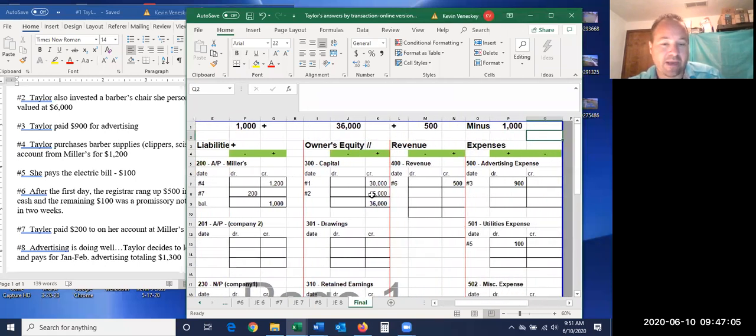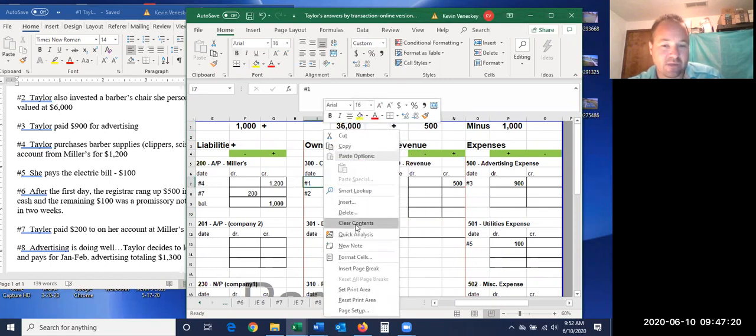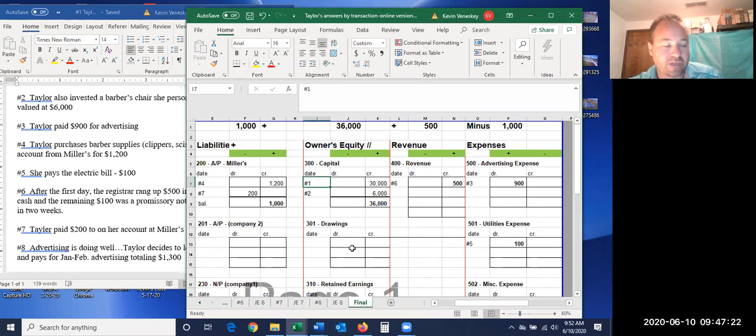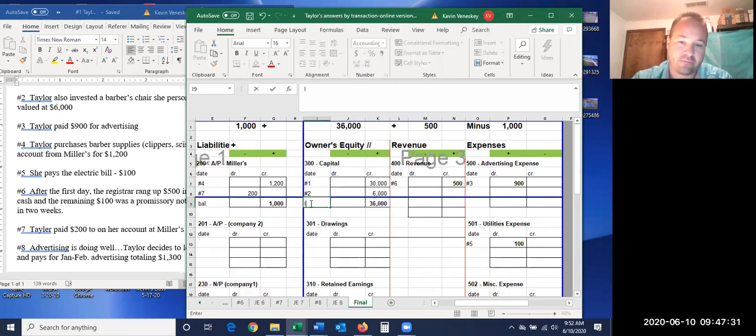It's also easy to add up my capital. My capital was the only owner's equity account that I had. All I did is sum up the two amounts here, 36,000, and simply put that up here because that's the only account that I have in the owner's equity. Revenue, I didn't even need to total this one. Also over here, make sure we have our balance line.